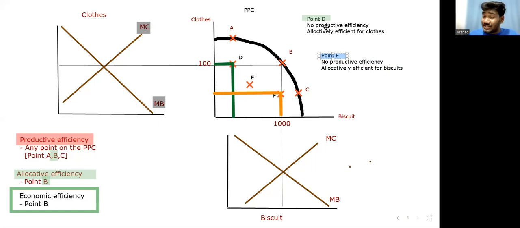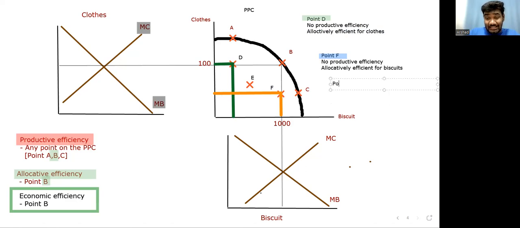You're not using your resources fully. But at point D, you're producing the correct amount of clothes that is needed, so you're allocatively efficient for clothes. At point F, you're producing the correct amount of biscuits, so you're allocatively efficient for biscuits.